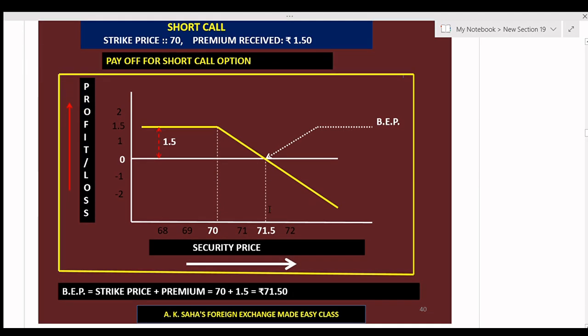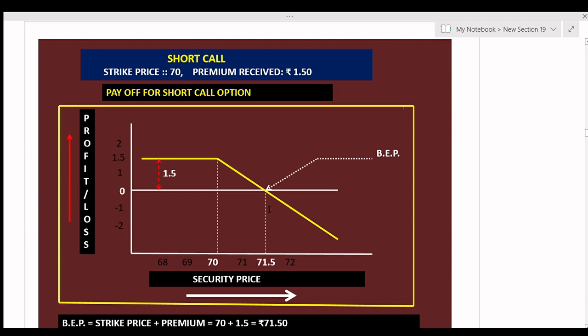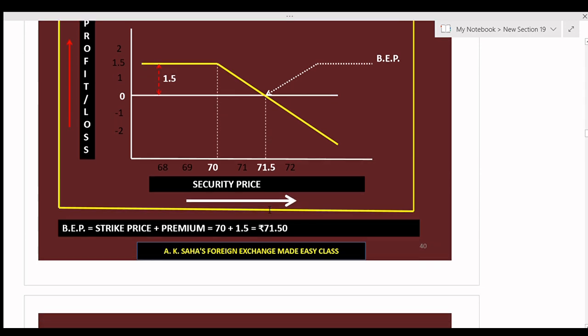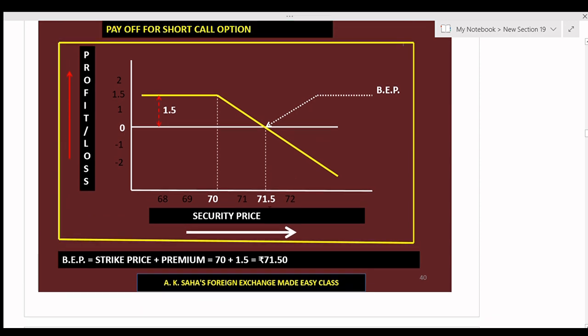Short call. This is the diagram, and strike price is 70, premium received is 1.50, and break-even point is strike price plus premium, 70 plus 1.5 is equal to 71.50. If this is the strike price, if it decreases, then he will gain a profit of rupees 1.50.